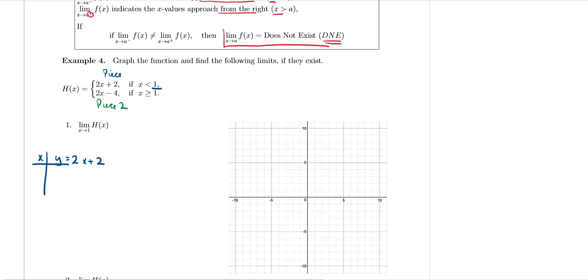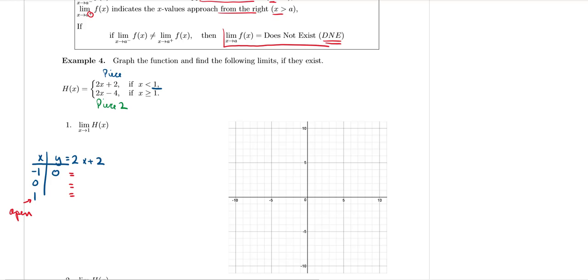So I'm going to put a -1, a 0, and as I mentioned before, I will be including the endpoint, but recognize that this one here is going to be open. Okay, so what are going to be the y values that we get? Well, 2x plus 2, where x is -1. I believe that's going to give us a 0 here.